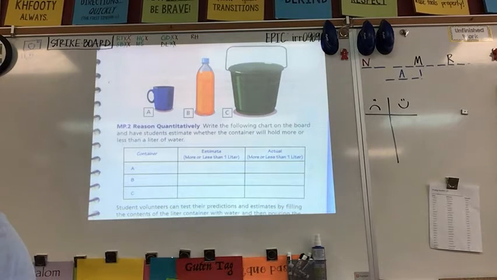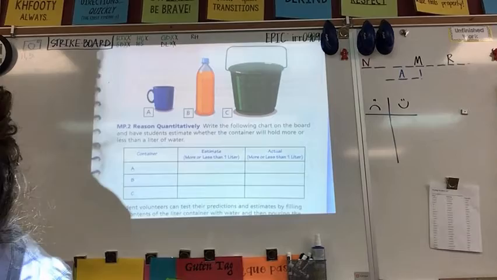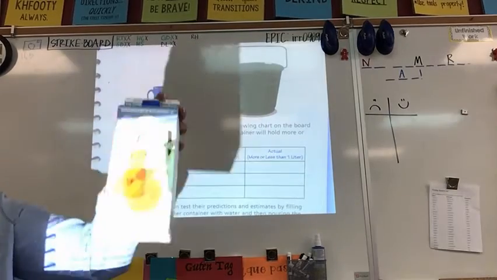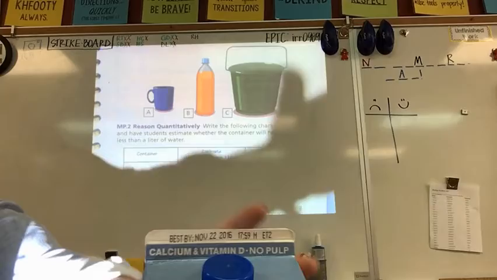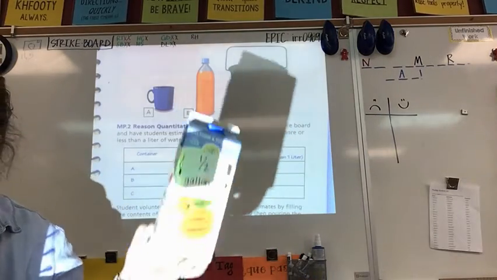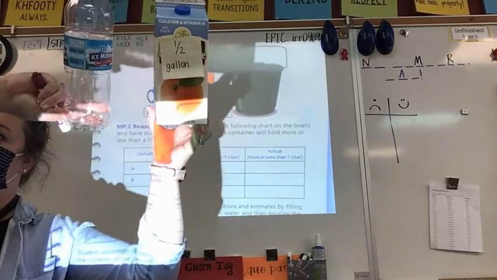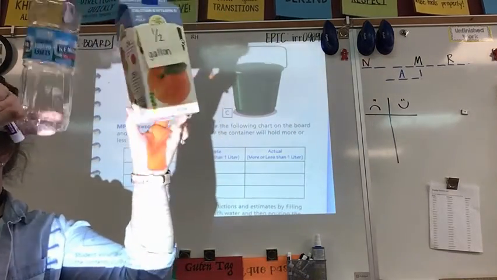What about a juice container? And this looks kind of like a juice container you would buy from the store. So let me go ahead and grab, I have an orange juice container here. It's actually a half gallon exactly. But if you were comparing, would you say that my orange juice container would be measured in liters or milliliters?